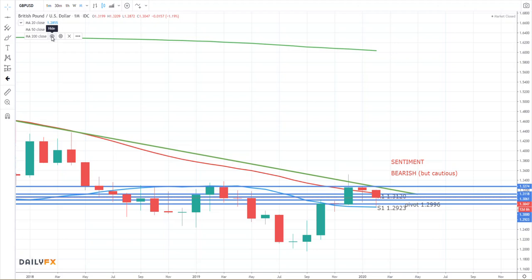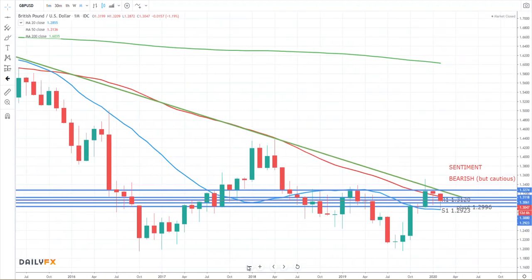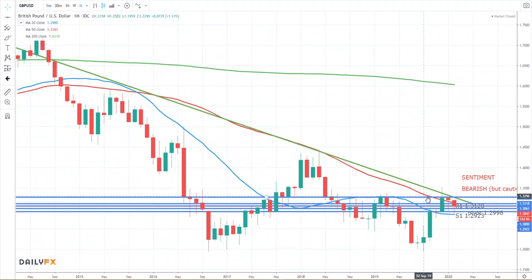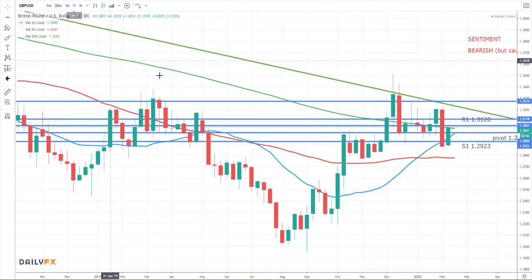If we add the 20, 50, and 200, when the fast is in front of the medium, in front of the long, that's when our downtrend is fully in place. So price had moved above the monthly fast moving average, but is now slipping below the 50. That's a very long-term consideration, especially for day trading, but it helps influence decisions in the next scale.